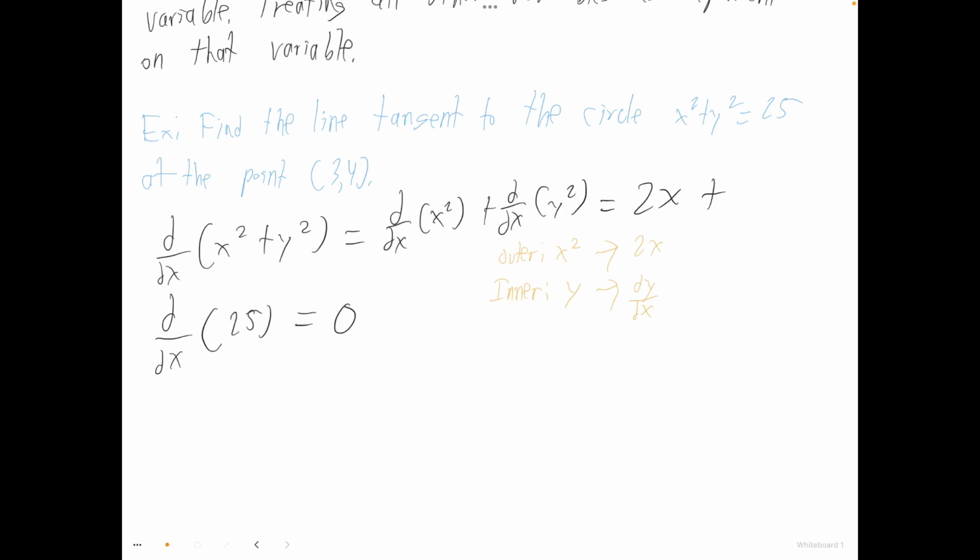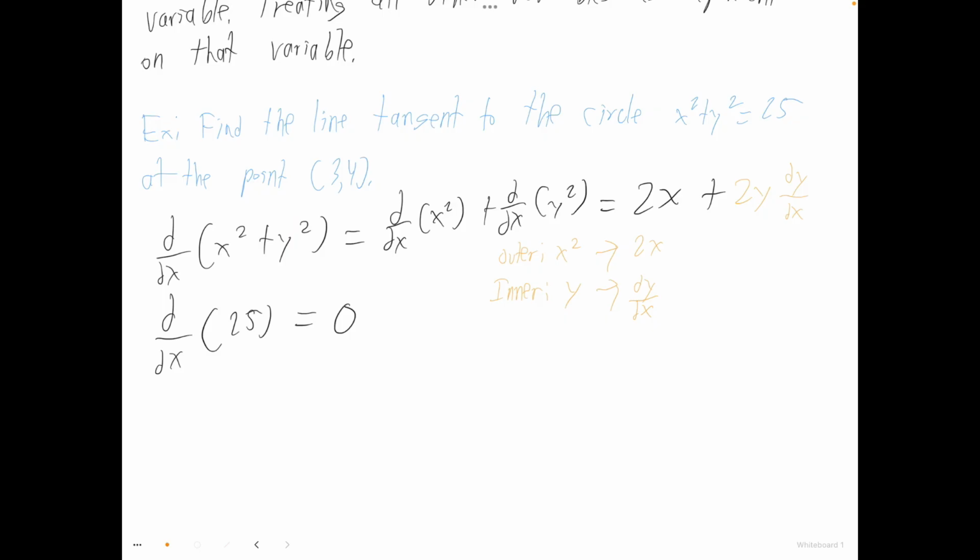We've talked about that before, that's just notation for the derivative of y. And so then from the chain rule, the derivative of y squared would be 2, plug in the inner function y, times dy over dx. And so that's what we're doing every time when we're doing an implicit derivative, we're just doing the chain rule.